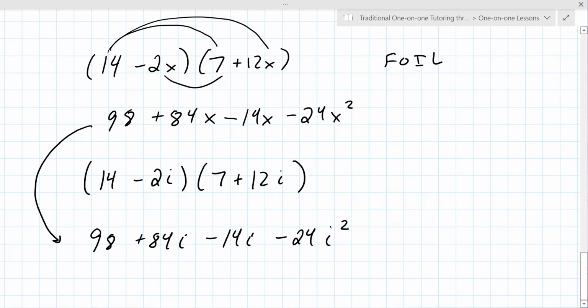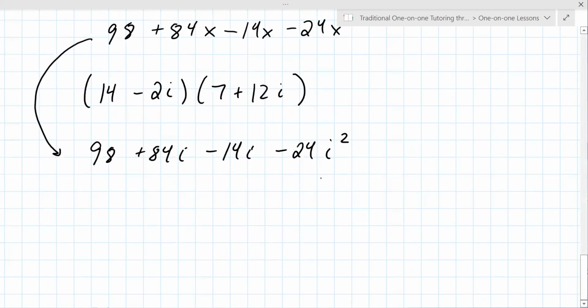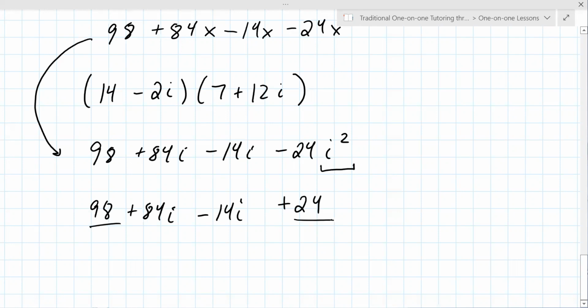Okay, but what can we do over here to the right? What does this become? It's -24 times -1, so +24. That's right. So this reduces to, we got 98 and 24, that's 122 plus 70i.